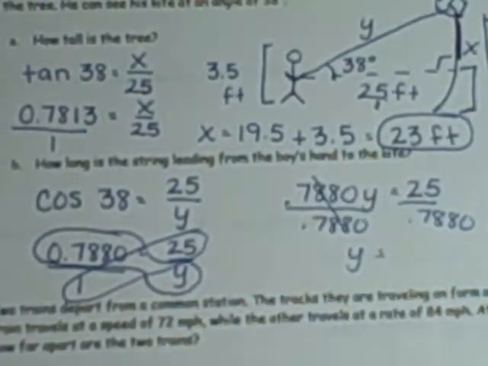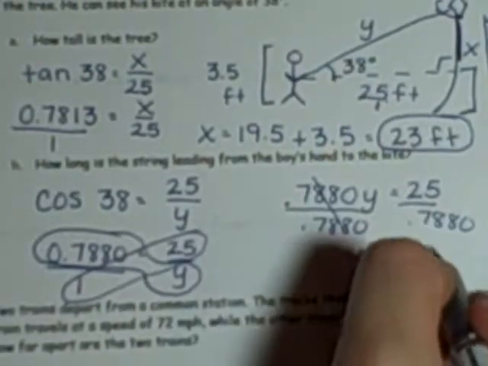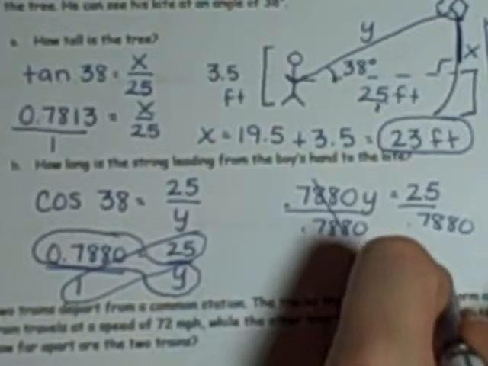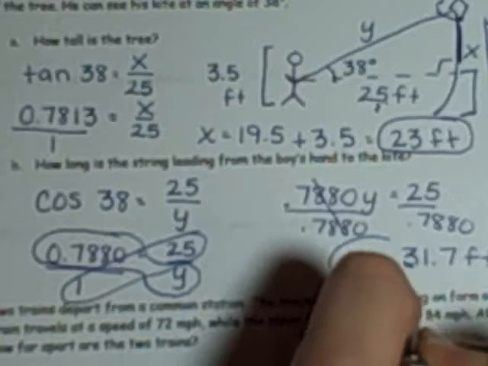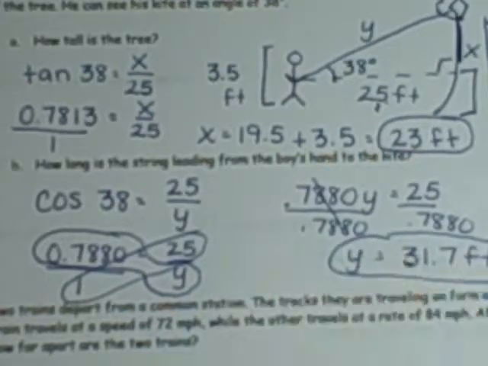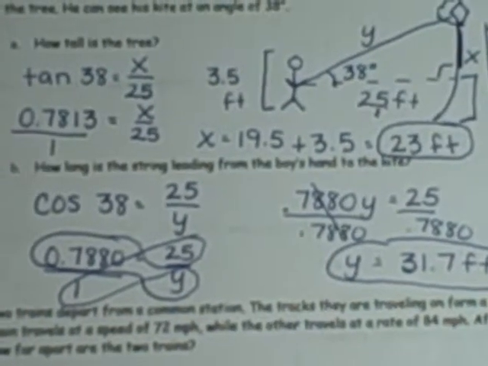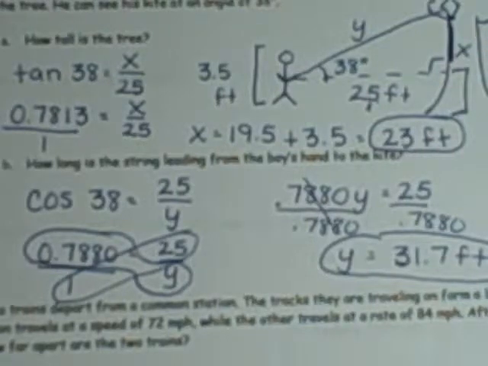So I end up with 25 divided by 0.7880. And I get 31.7. So the kite string is 31 feet long. Okay. And that's it for question 34.